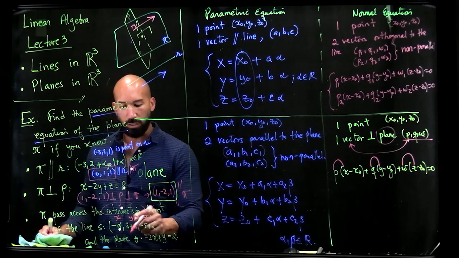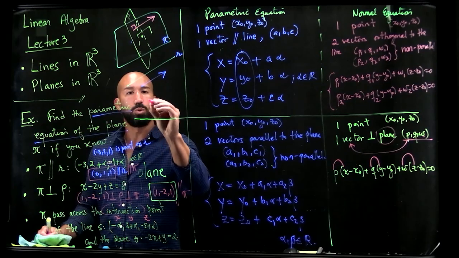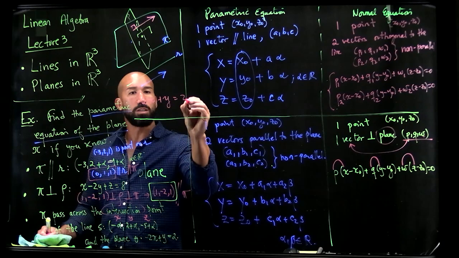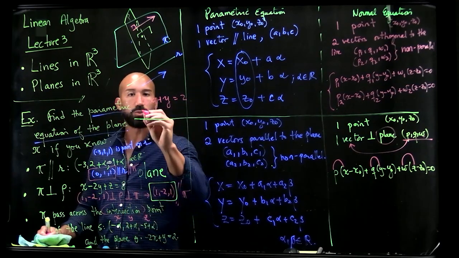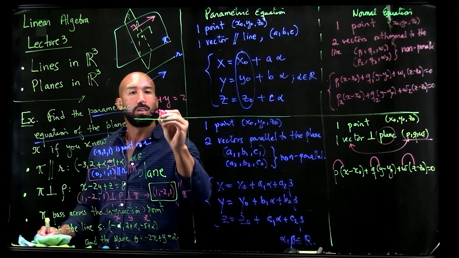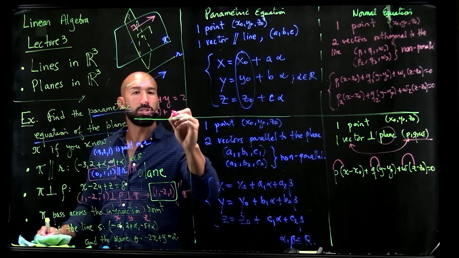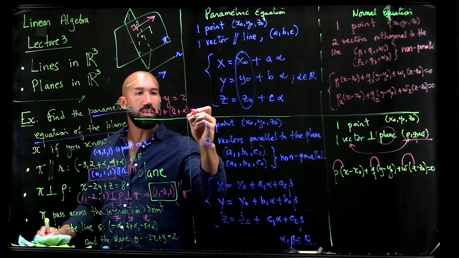So what I'm going to do is, x is this, but x is here. So I'm going to write minus 2x plus y equal to 2, which needs to be satisfied to be on the plane. But x is minus alpha, so minus 2 times minus alpha plus y, which is 2 plus alpha. We don't have z here.